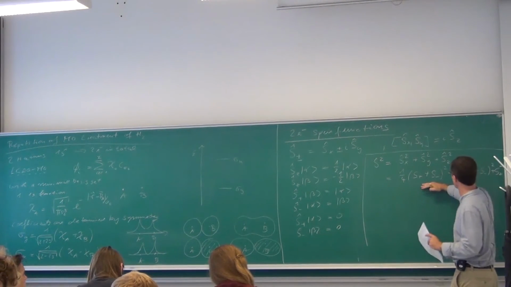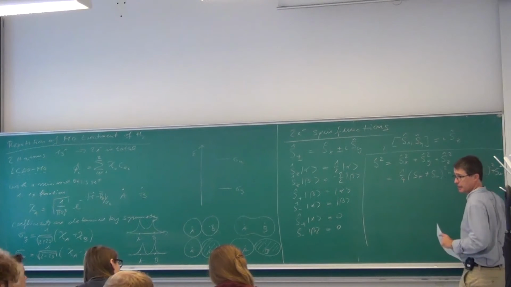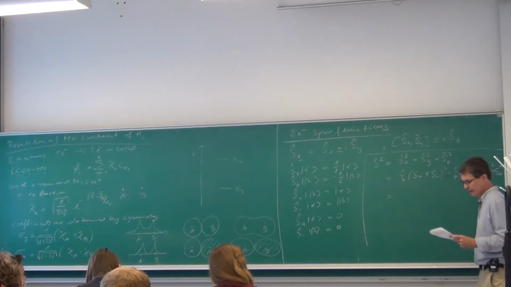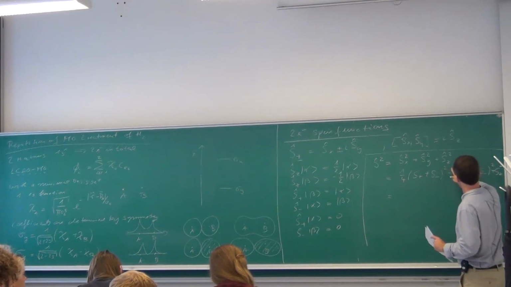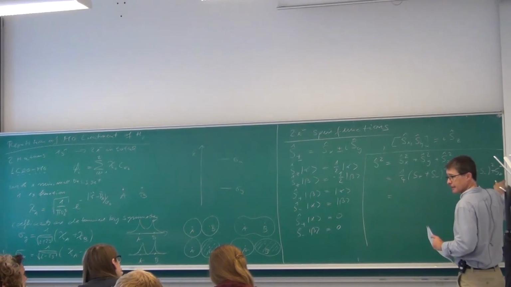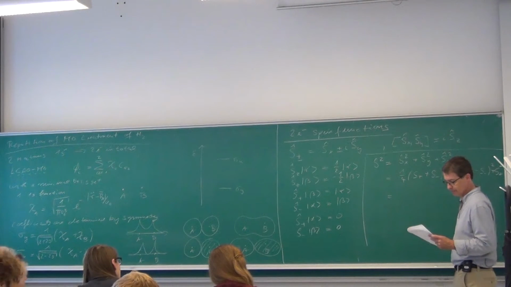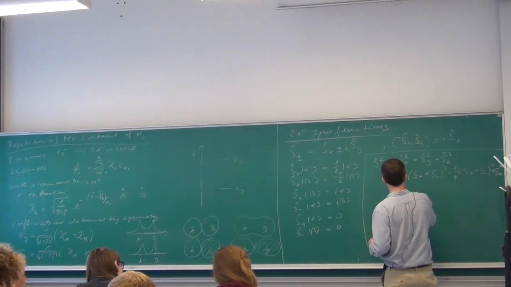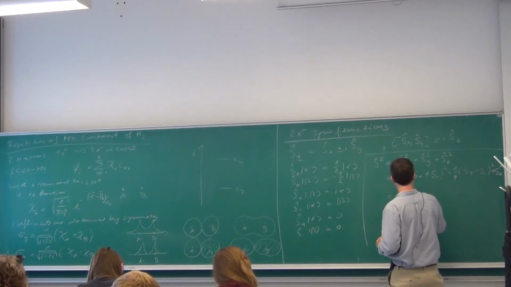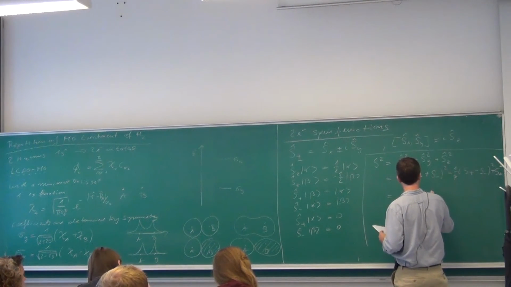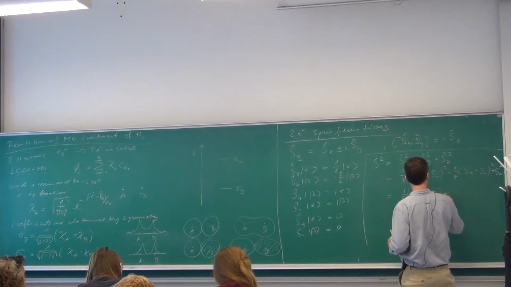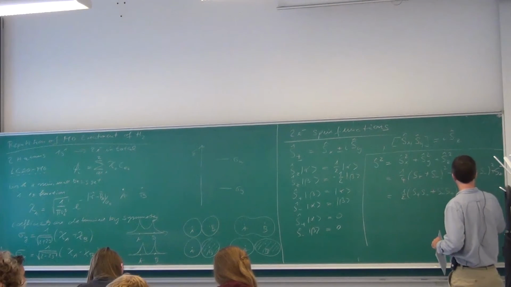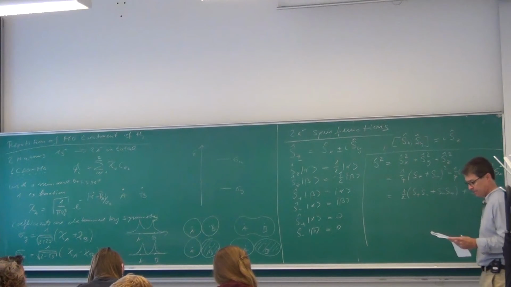So that's Sx squared, Sy squared, Sz squared. And if you multiply the squares out and rearrange them, you can write that as 1/2 (S plus S minus plus S minus S plus) plus Sz squared.